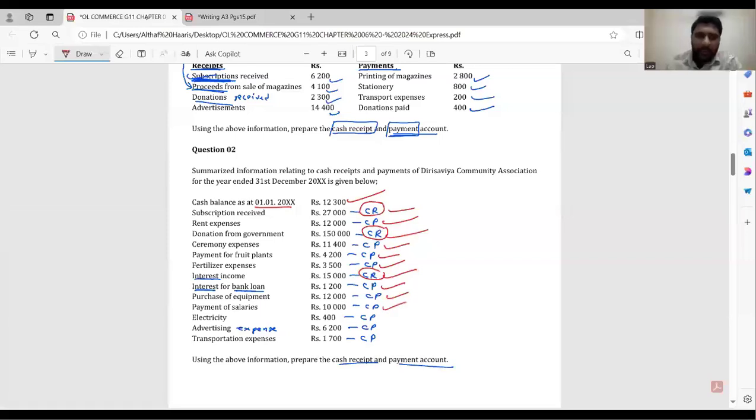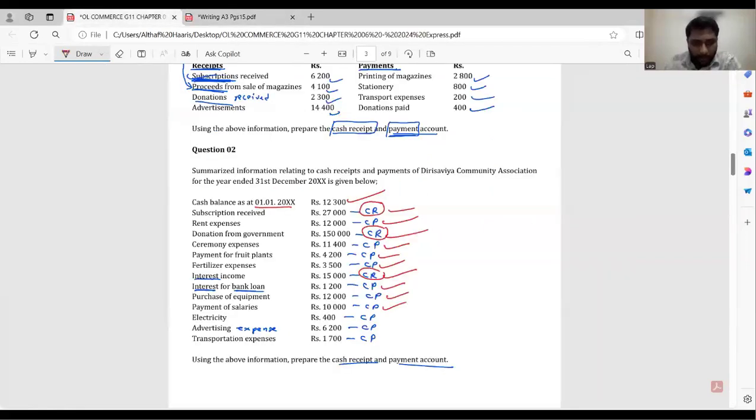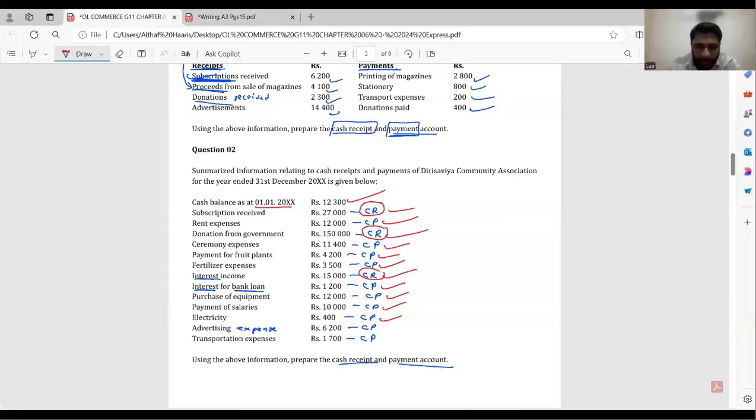Then salaries 10,000. Electricity 400. Advertising 6,200.